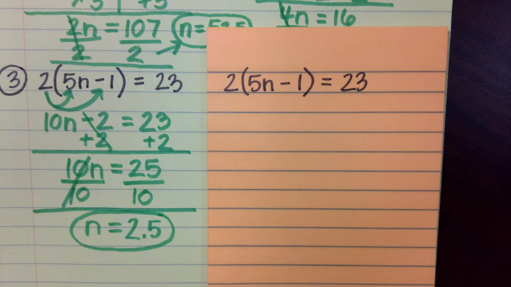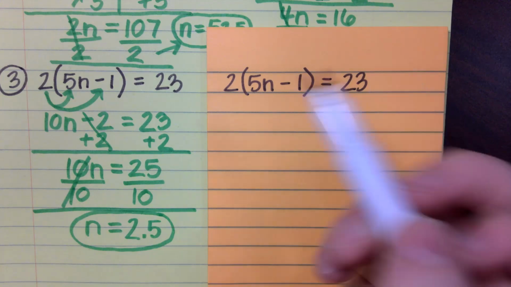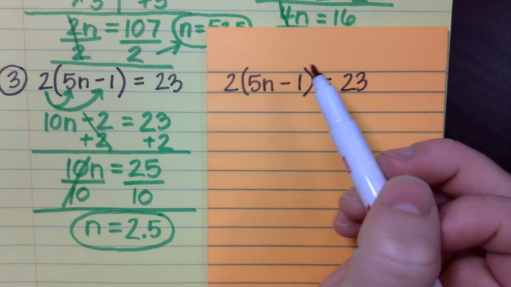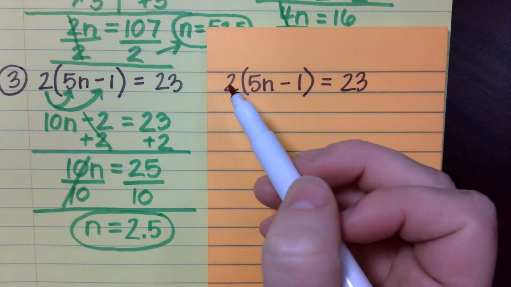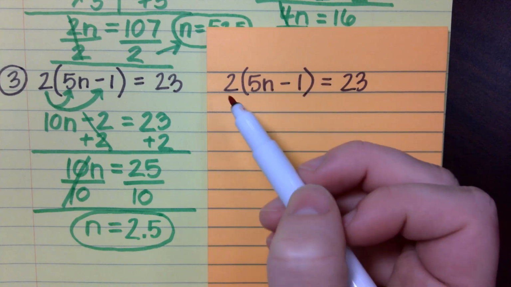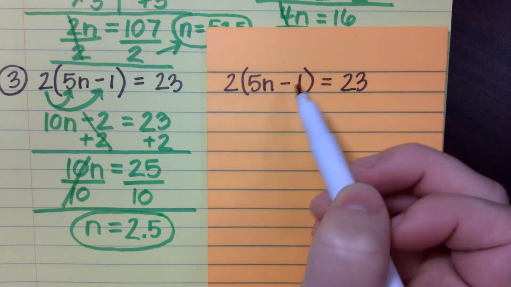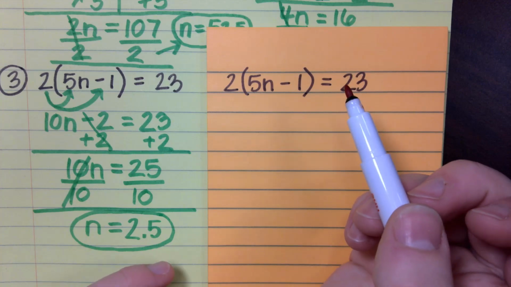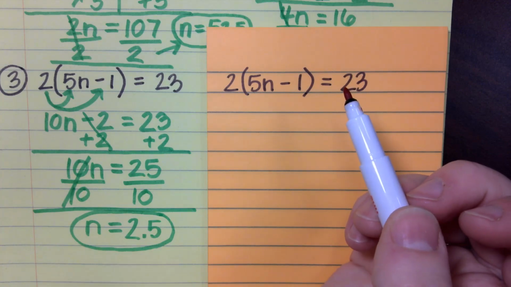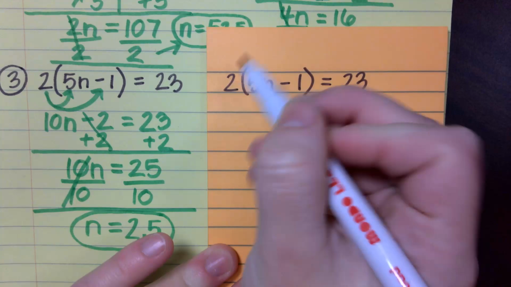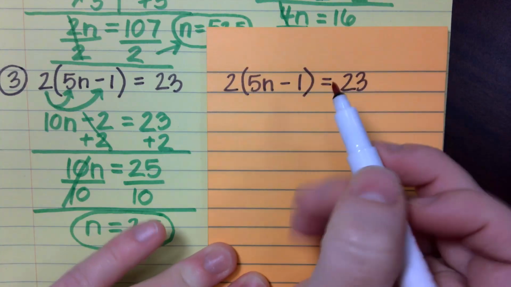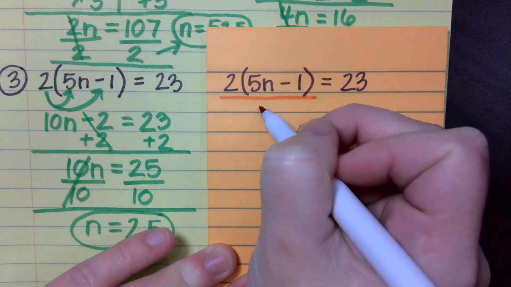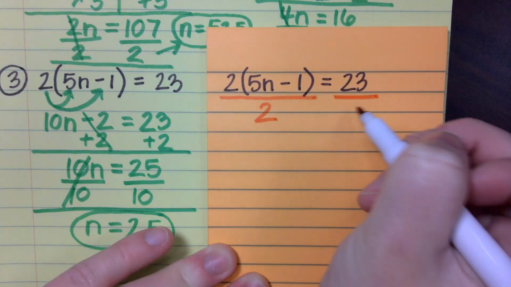So remember, if I see a number outside of something in parentheses, this is really just a multiplication problem. I'm just doing 2 times whatever this is. So how do we get rid of multiplication? With division. So instead of distributing and doing 2 multiplication problems in here, I could just divide this whole thing by 2 on both sides.